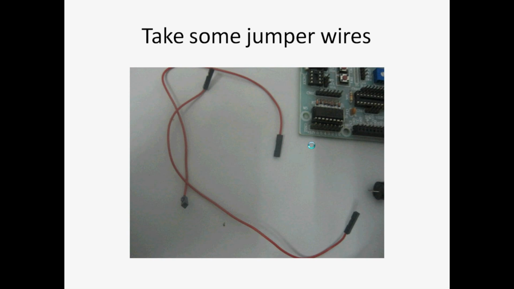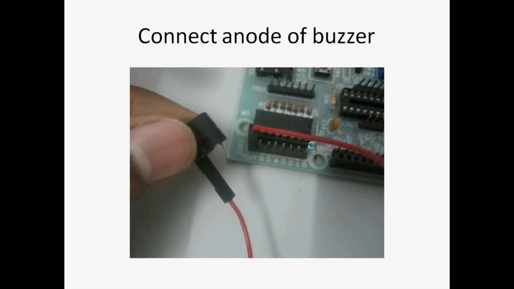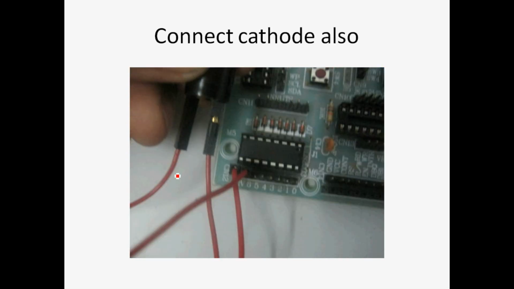For the circuit, take some jumpers. Take a jumper and connect the last pin, that is your 12 volt, to the long pin, because that pin is positive. Take a second jumper and connect it to the pin beside the 12 volt pin and connect it to the short leg.